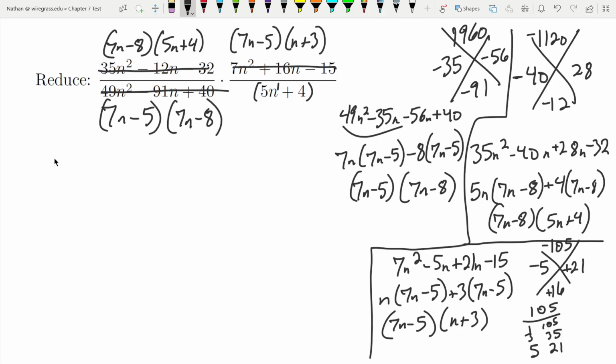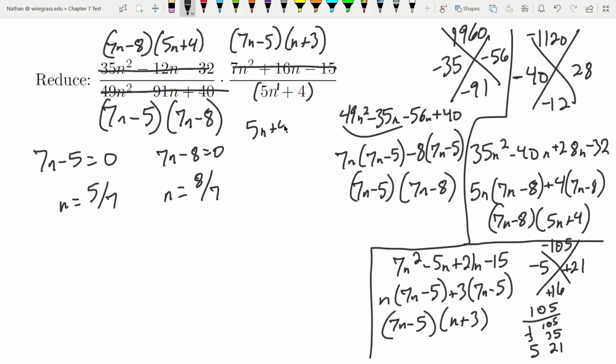From this one, 7n minus 5 equals 0 when I add 5 and divide by 7, so n equals 5/7. 7n minus 8 equals 0 when I add 8 and divide by 7, so n equals 8/7. And 5n plus 4 equals 0 when I subtract 4 and divide by 5, so n equals negative 4/5. So n cannot equal these because we cannot have 0 in the denominator.